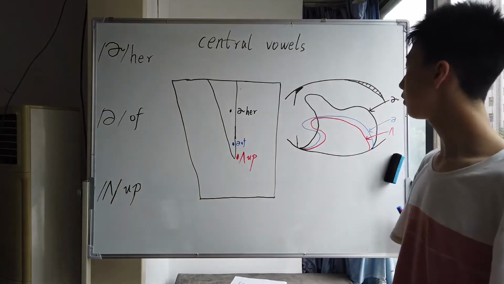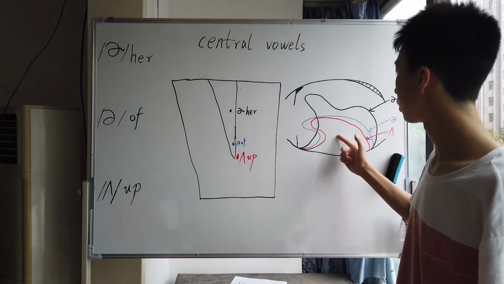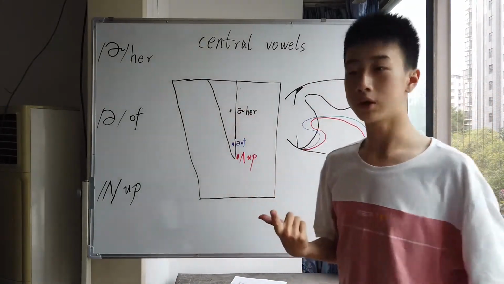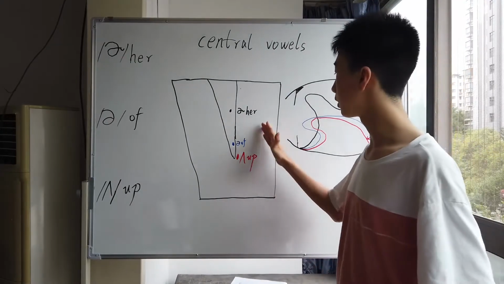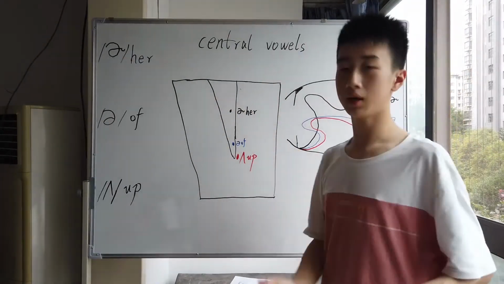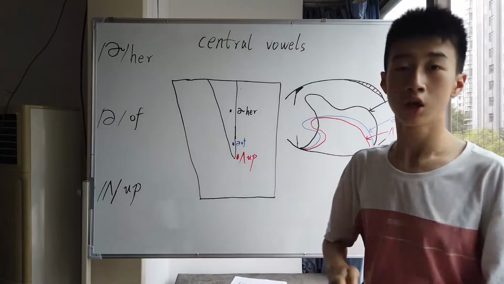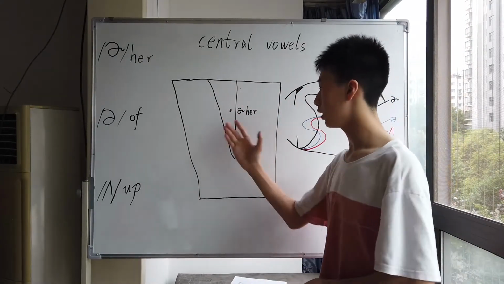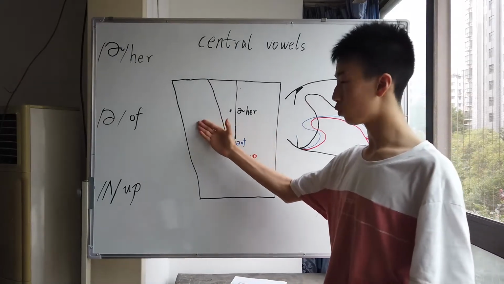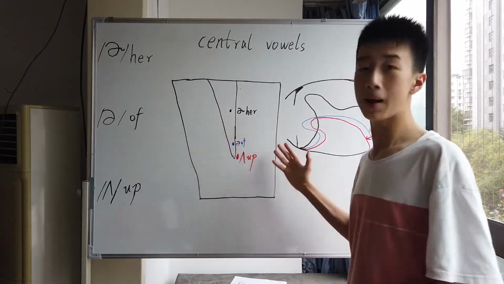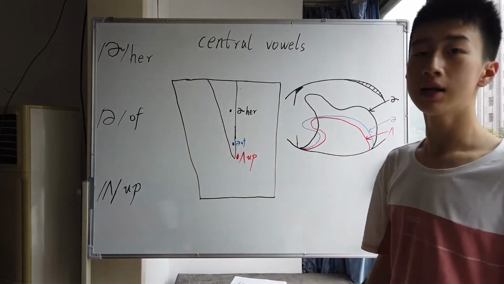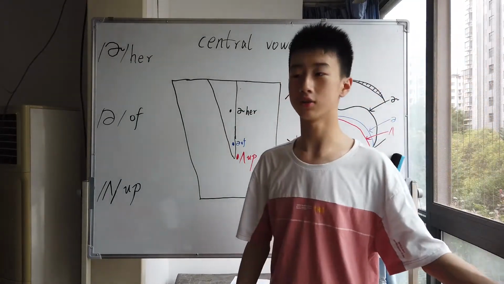One of them is really just tongue position, and the other is this sort of rectangular, well, not exactly rectangular, but this shape. And this really represents these three sounds in their position really well. So right to left, if it's more in the front, it's on the left, if it's in the back, it's on the right. And why have I written these three in the center? Because they are the central vowels.